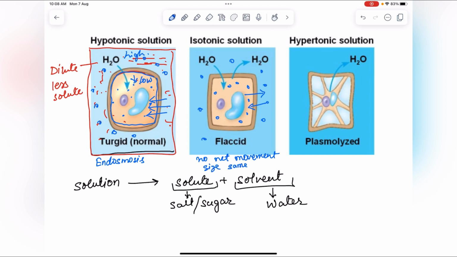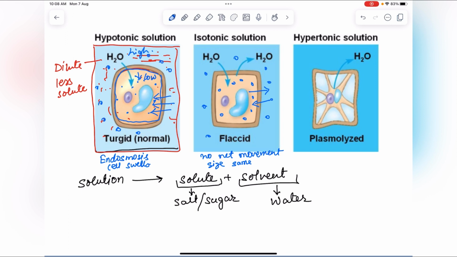In the hypotonic solution, the cell will swell up because of the movement of water inside. Endoosmosis will take place. And in the hypertonic solution, the concentration of solute is more outside and the water is less. The water content will be more inside the cell and less in the outside solution, so the movement will take place outward from higher to lower concentration.